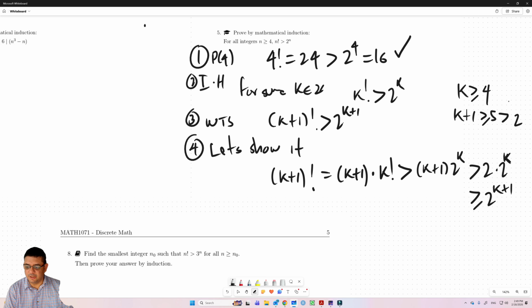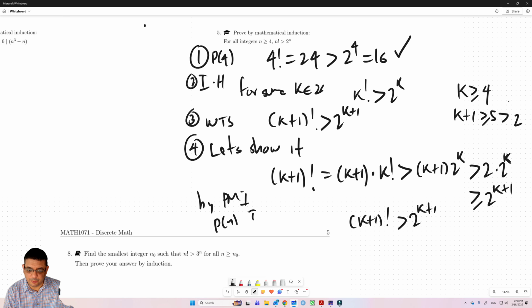So you can see here that we proved that k plus 1 factorial is bigger than 2 to the k plus 1, which is what we wanted to show. So by the principle of mathematical induction, P of n is true for n bigger than or equal to 4. Okay, so we're going to stop here and we'll continue with the rest of the exercises in part 2.